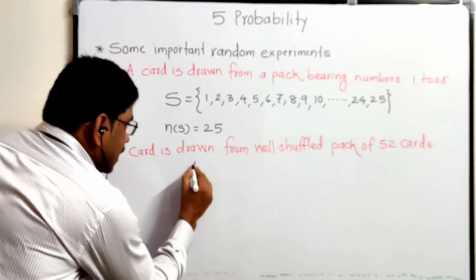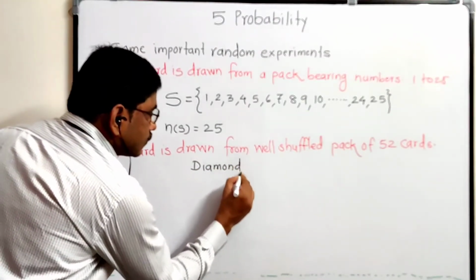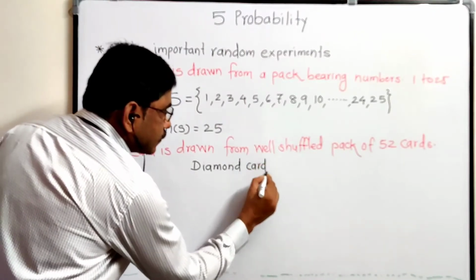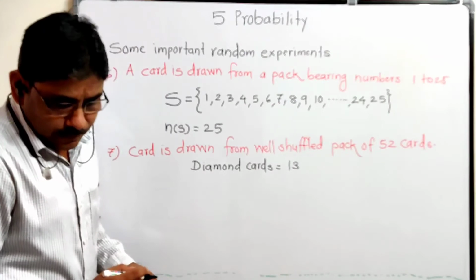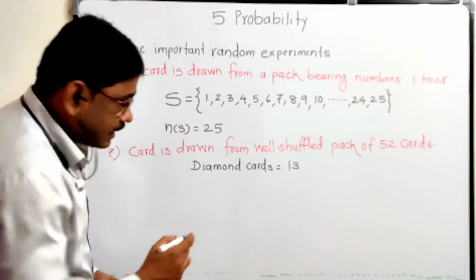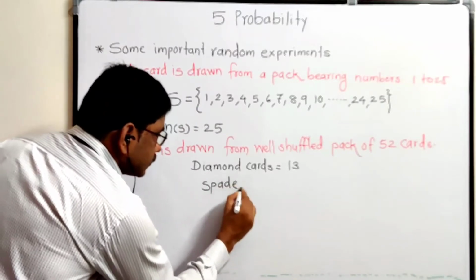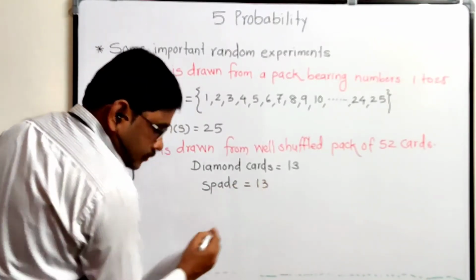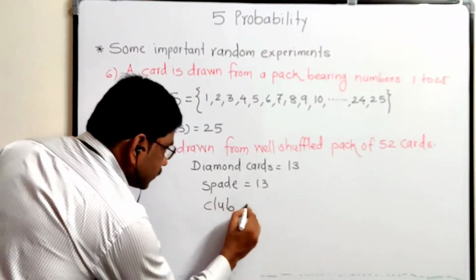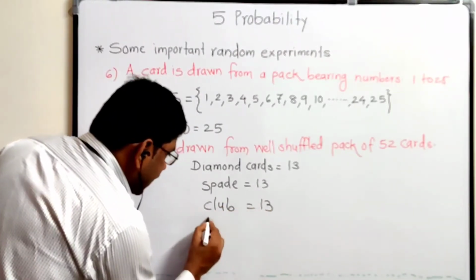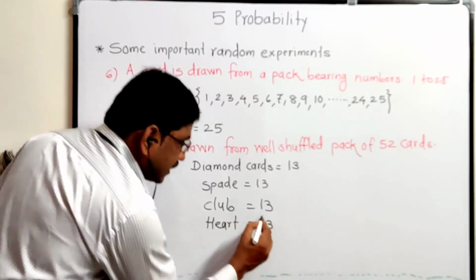So diamond cards 13. Then spade cards 13. Then club cards 13, and heart and diamond are red color, 13.